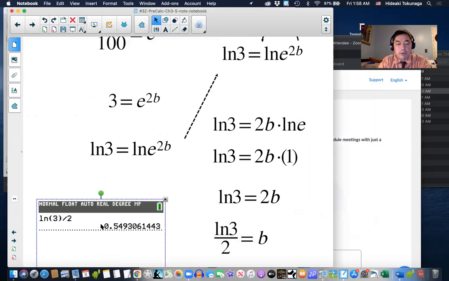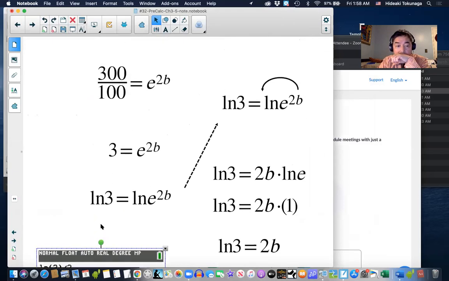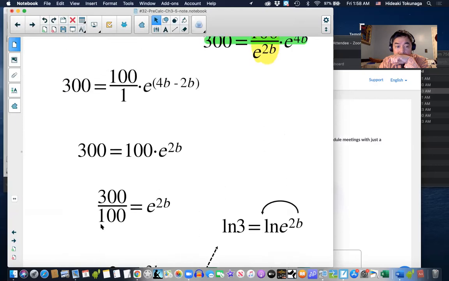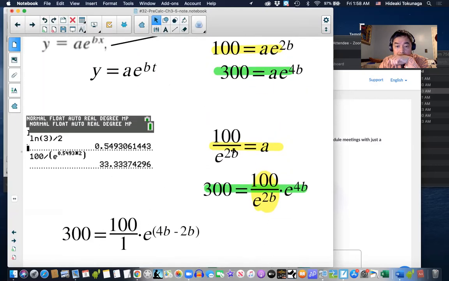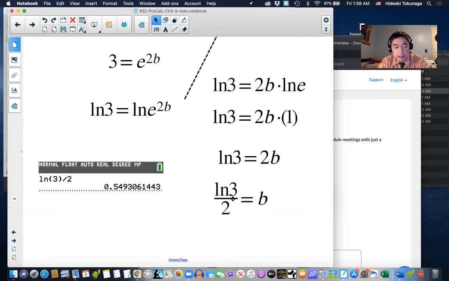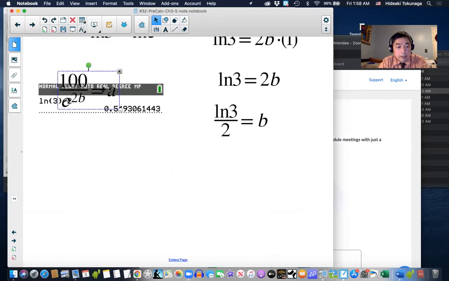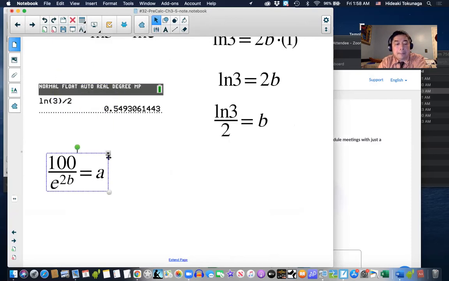Now we have to solve for A. Where is A? A is this one, right? So let me plug in this one. Come back here. You can plug in b, which we solved for, right here.